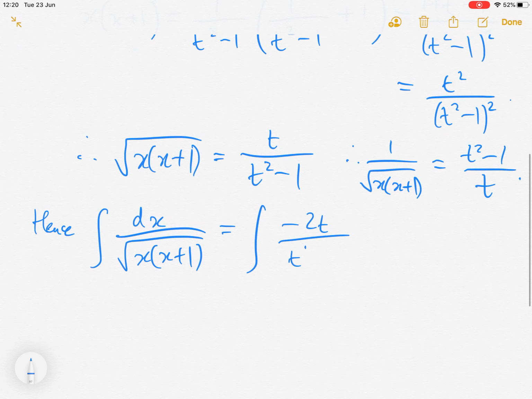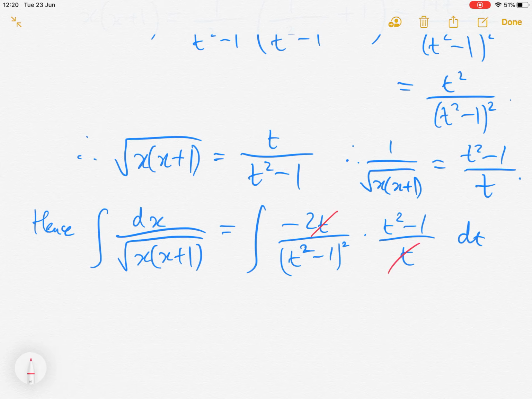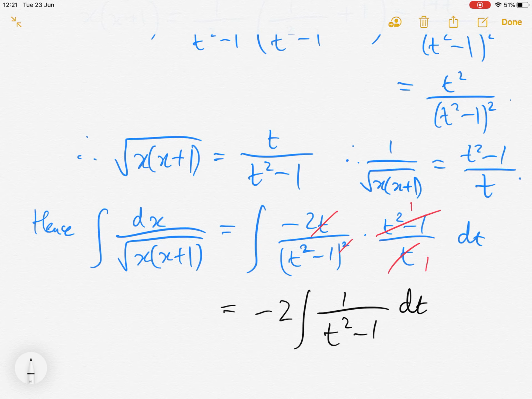And then we've shown that 1 over root x plus 1 is t squared minus 1 over t. And then a few things cancel, the t's cancel, and the t squared minus 1 cancels, so we just end up with minus 2 integral of 1 over t squared minus 1 dt.